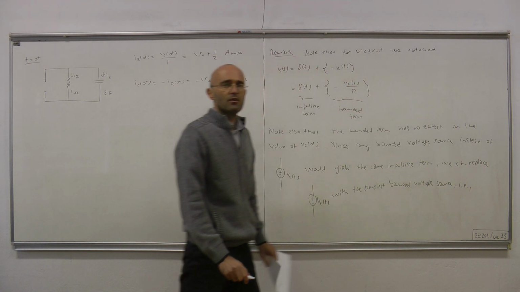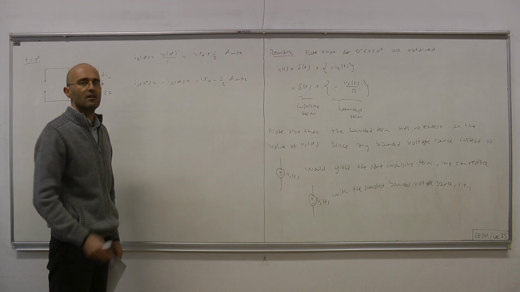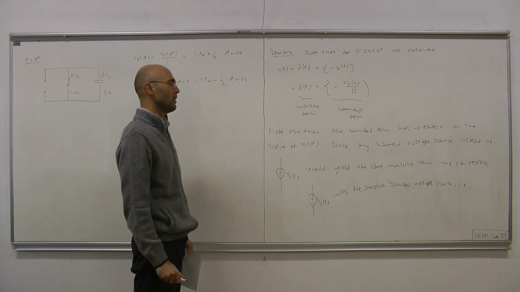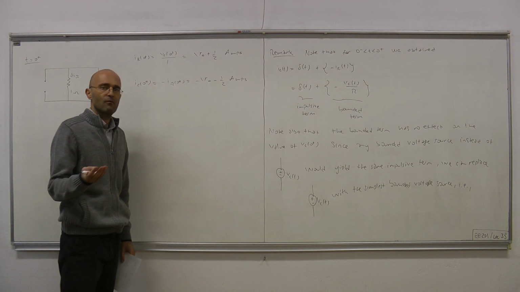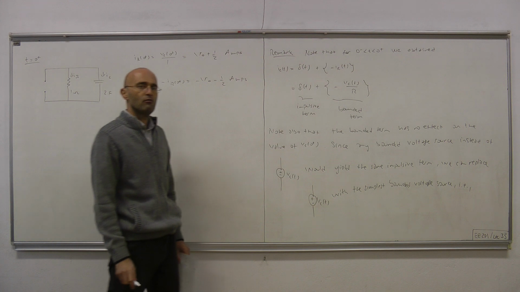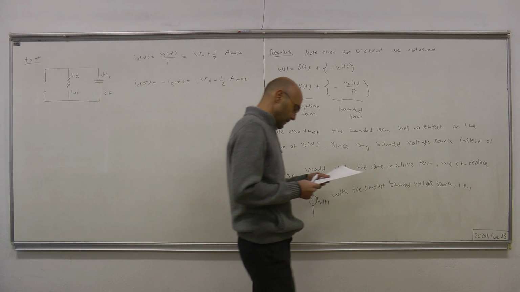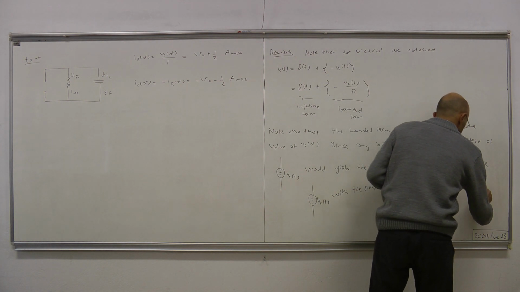The simplest bounded voltage source is the voltage source that provides 0 volts at all times, and the voltage source that provides 0 volts is no other than a short circuit. That is the short circuit.